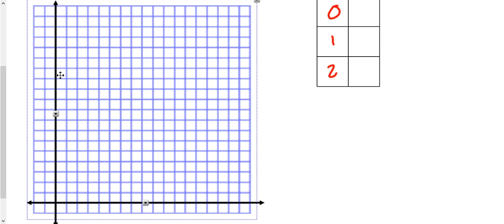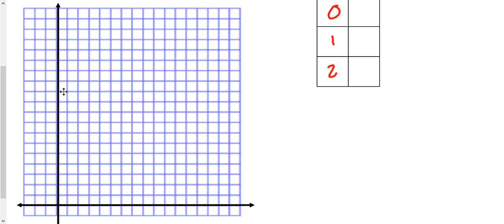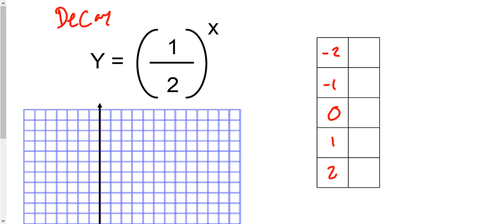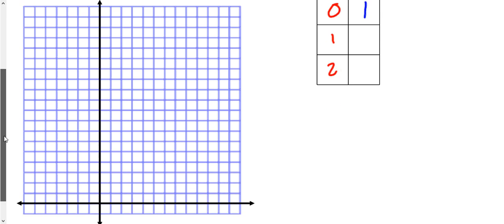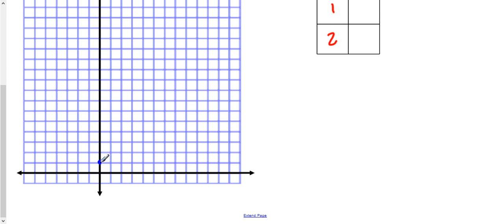I'm going to move my y-axis over a little bit, just a smidge, like this. Alright, so if I plug in 0, once again that's 1. It hasn't changed. Anything to the 0 power is 1.